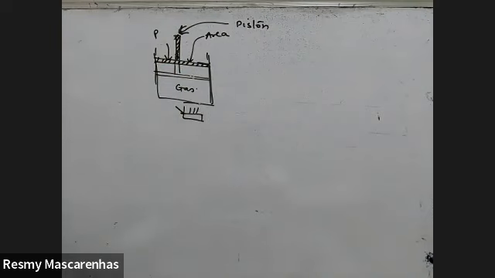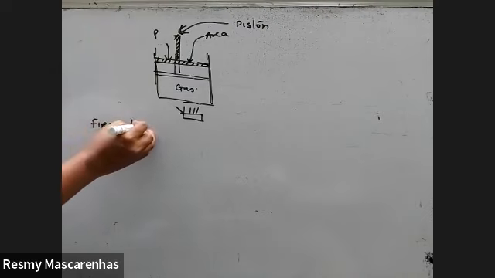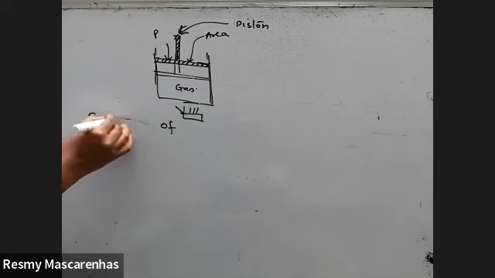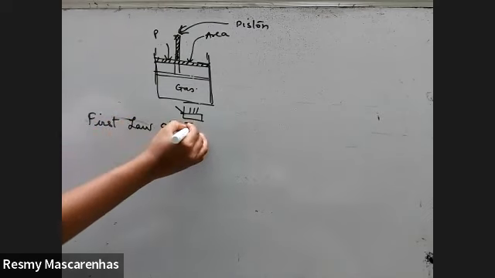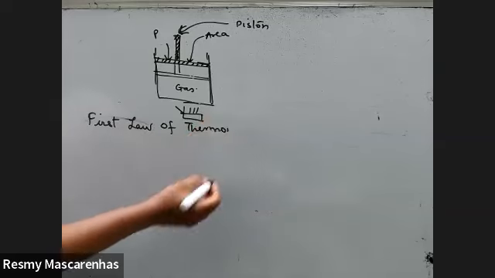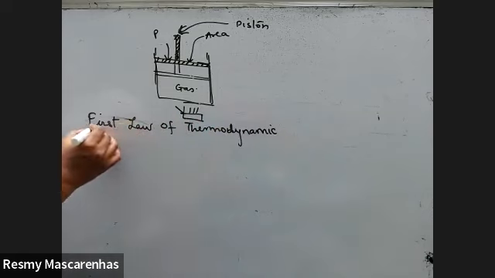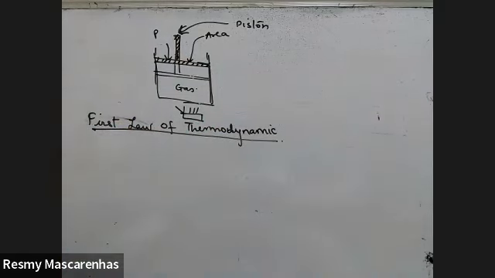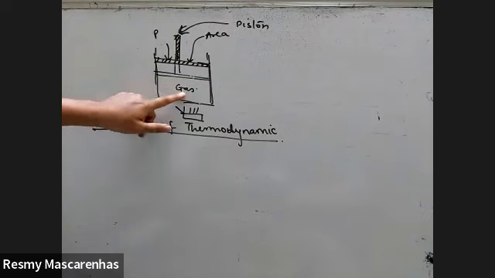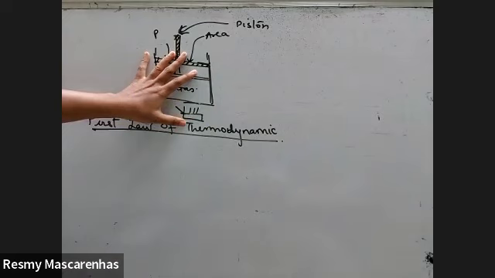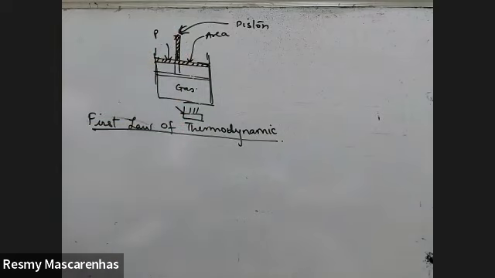So the first law of thermodynamics says that there are two ways to increase the heat: one is by increasing the internal energy, or by doing the work.